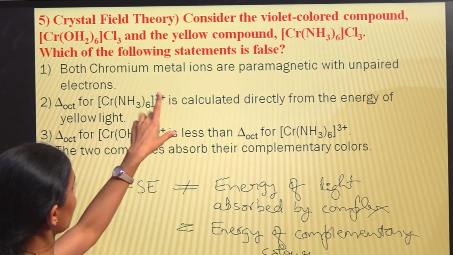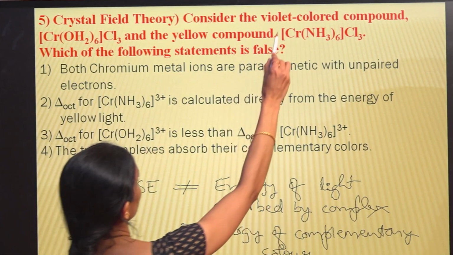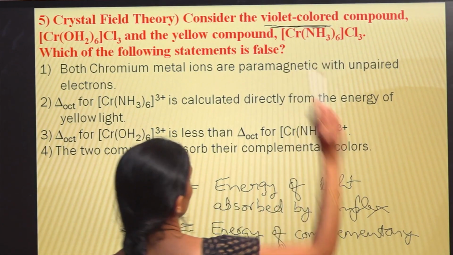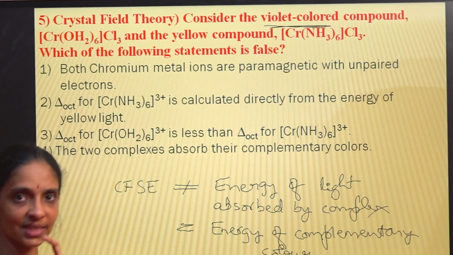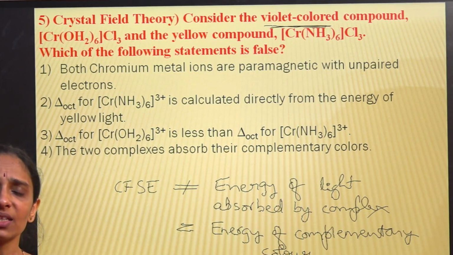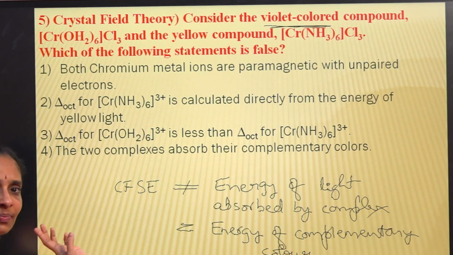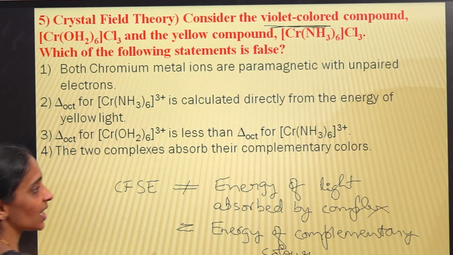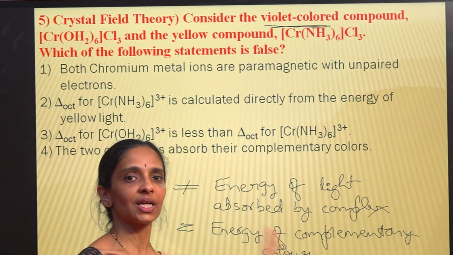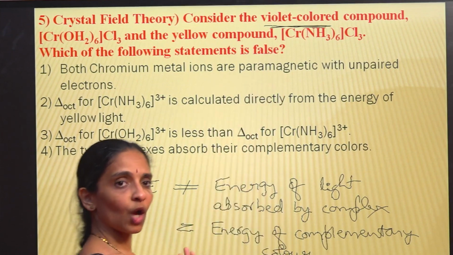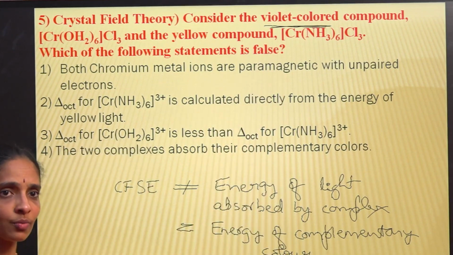That means if a particular complex is violet colored, its CFSE is not equal to the energy of violet color. What will be CFSE then? It will be the energy of the complementary color. The complementary color of violet is somewhat yellow.